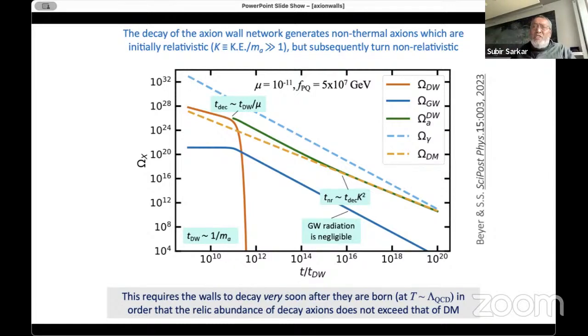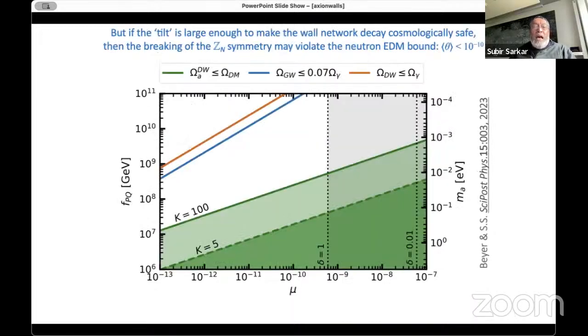So the bottom line is that the walls must decay very soon after they're born in order that the relic abundance does not exceed that of dark matter. And you can see this all on this plot of the Peccei-Quinn scale versus the tilt parameter. The tilt parameter cannot be too large, otherwise you resuscitate the neutron electric dipole moment, which is restricted to make theta less than 10 to the minus 10.